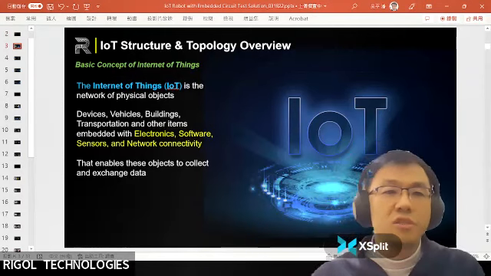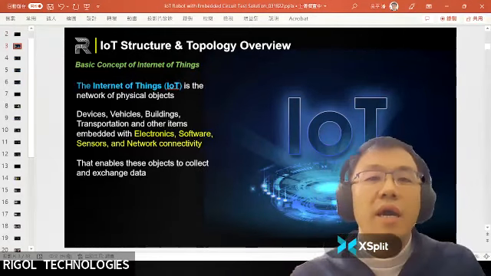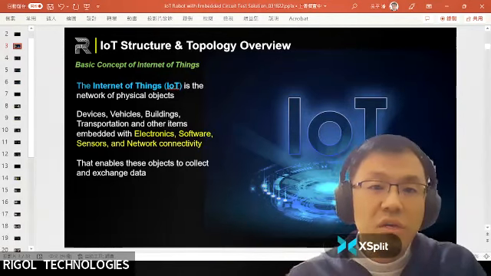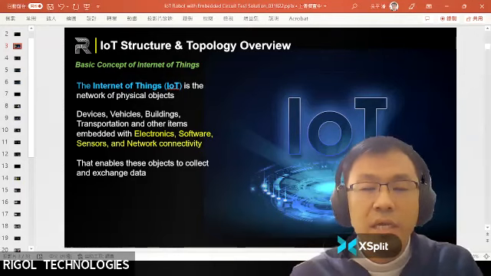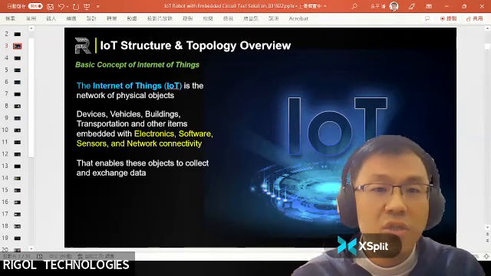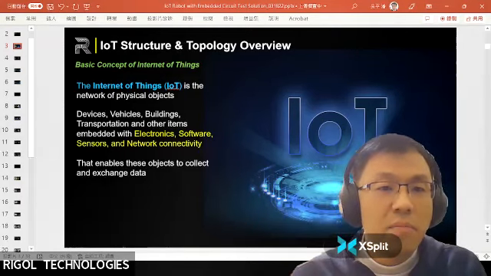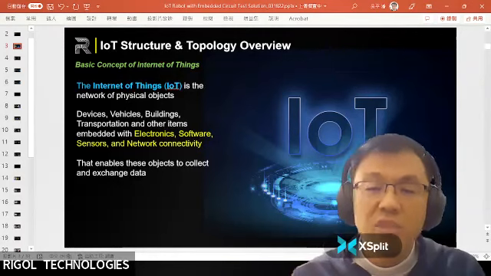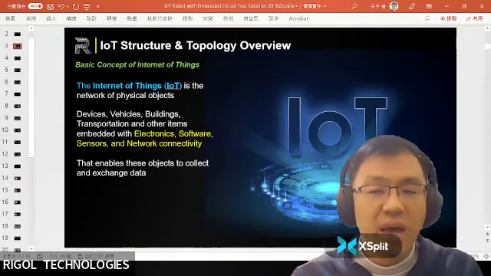So I will introduce the IoT structure and topologies overview. As you know, the Internet of Things is a network of physical objects, including devices, vehicles, buildings, transportation, and other items embedded with electronics, software, sensors, and network connectivity. It enables these objects to collect and exchange data over the cloud platform.